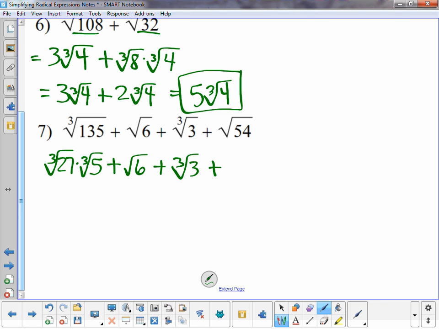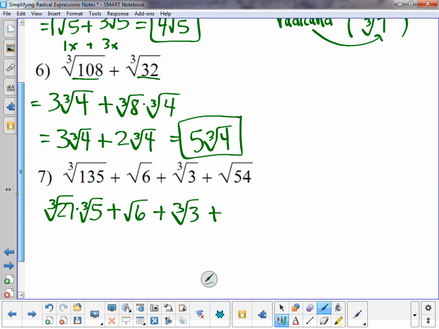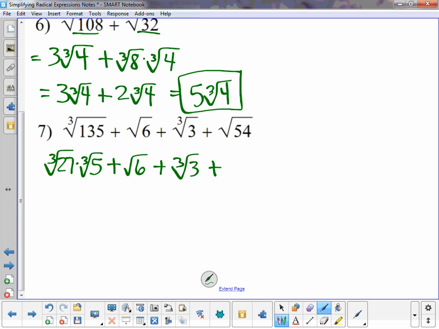Okay, 54, we didn't do 54, we did 45, huh? Okay, so that's a factor of 54 that's a perfect square. 9, right? So we can write this as square root of 9 times square root of 6. Good. Okay, so now we have it written out. Now let's just simplify this perfect cube we have here and the perfect square we have here.